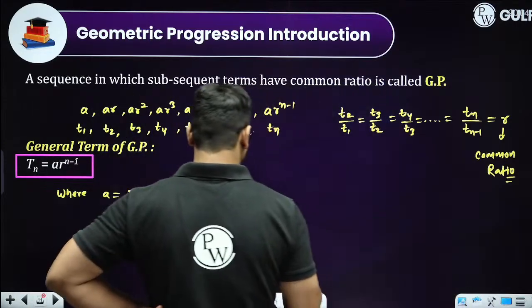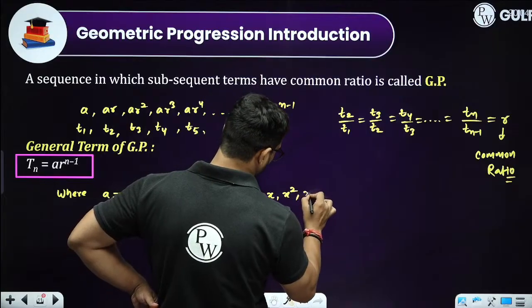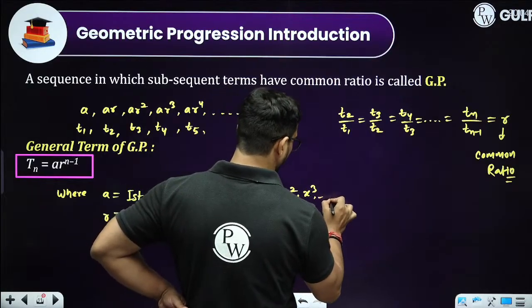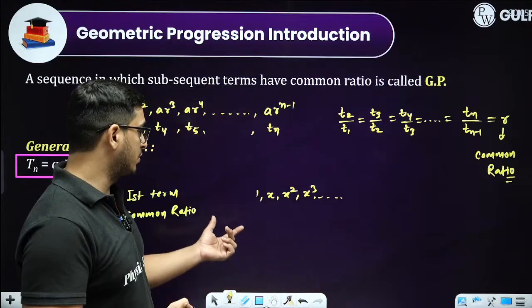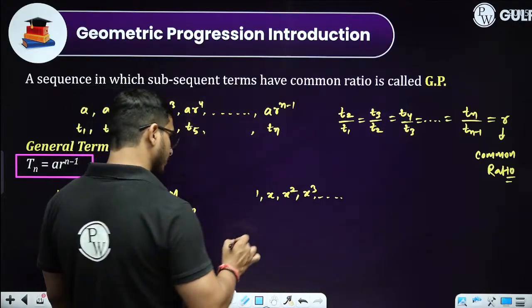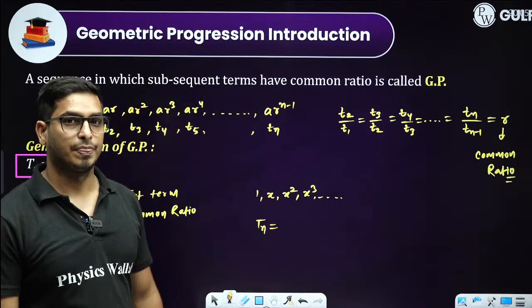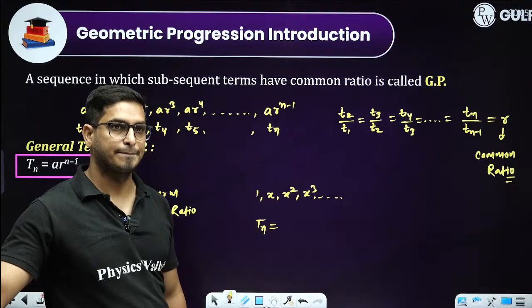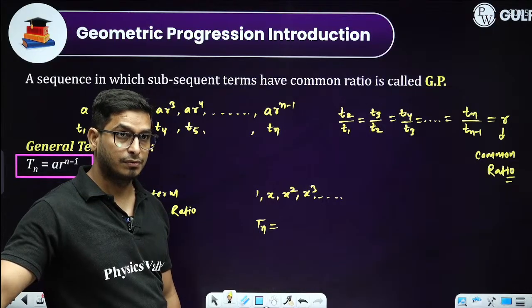So let's suppose we have 1, x, x square, x cube, and so on, right? This is a sequence. Can you tell me the nth term Tn?